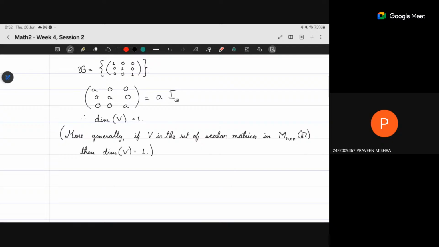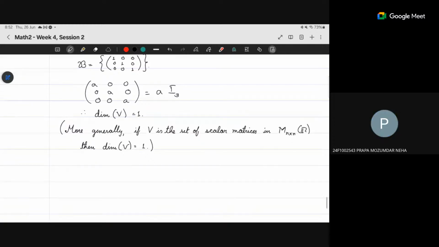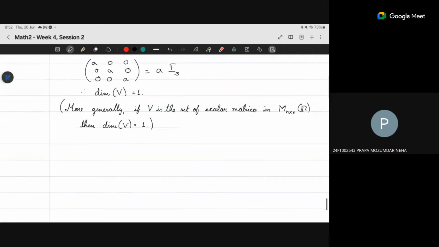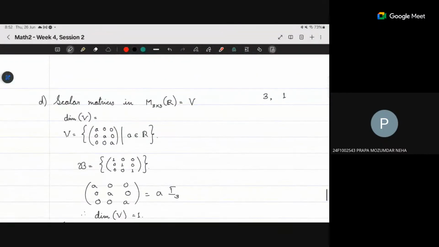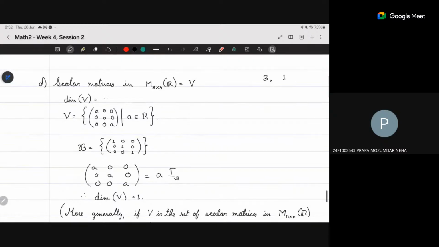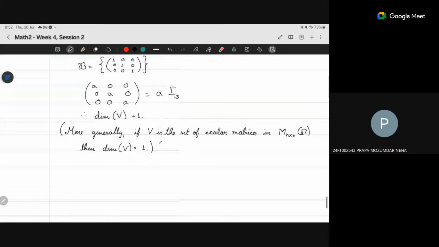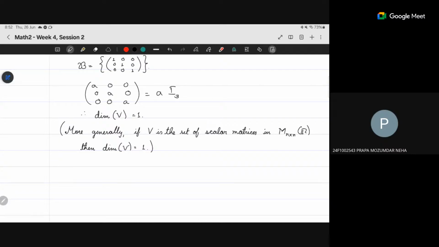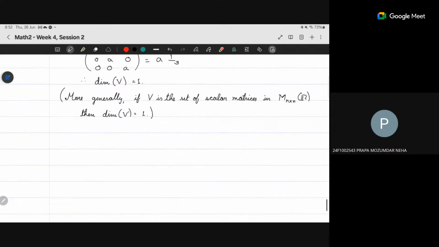Yes. Are you okay with this statement? Yes, sir. Now, if diagonal is replaced by scalar, over here it will be 3. Over here it will be n in general. That's what I was just saying. I'm not going to write it.